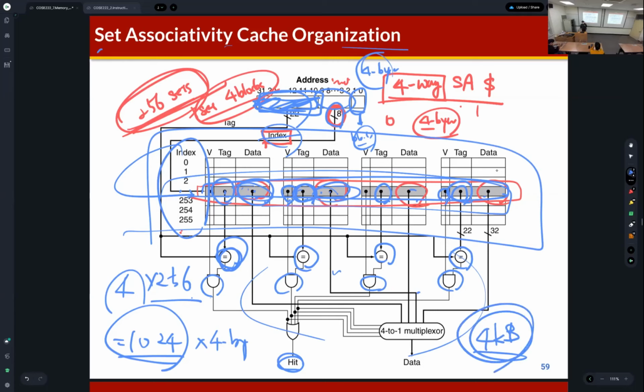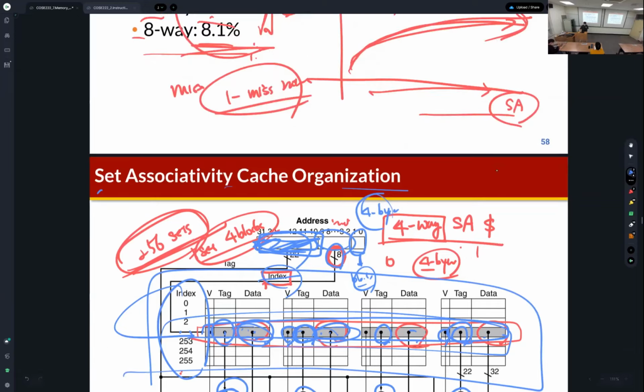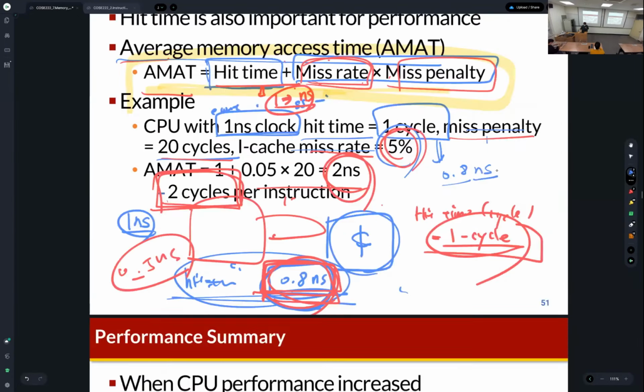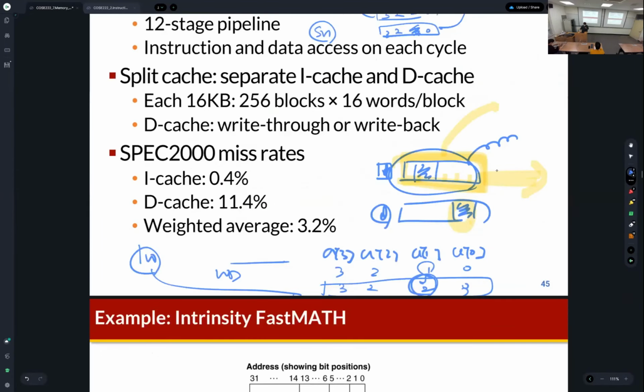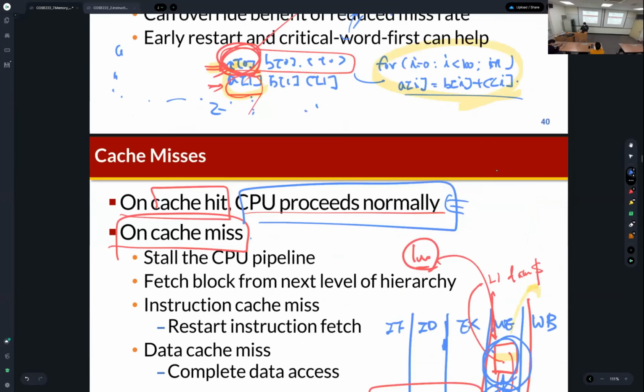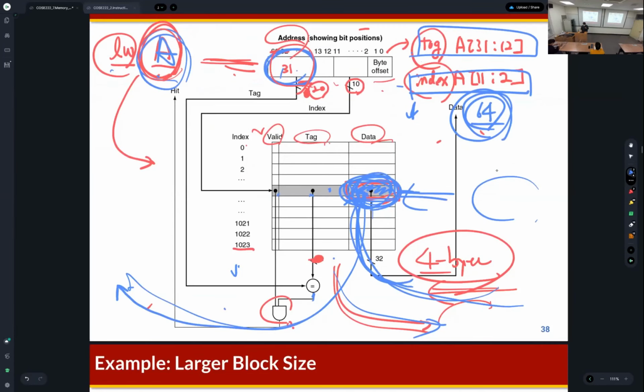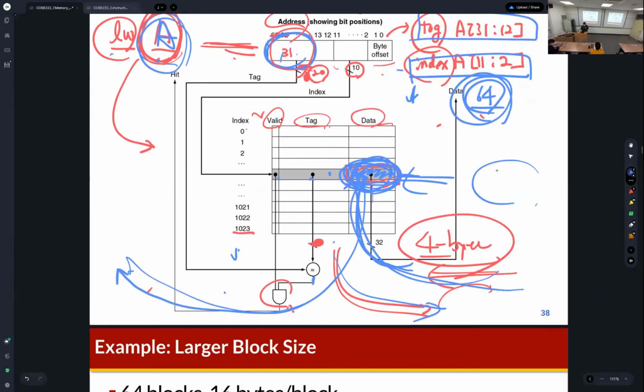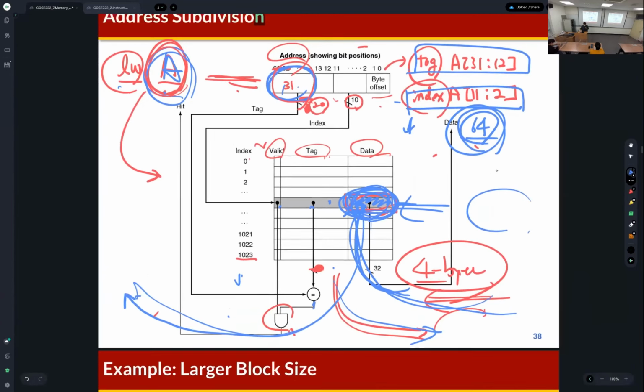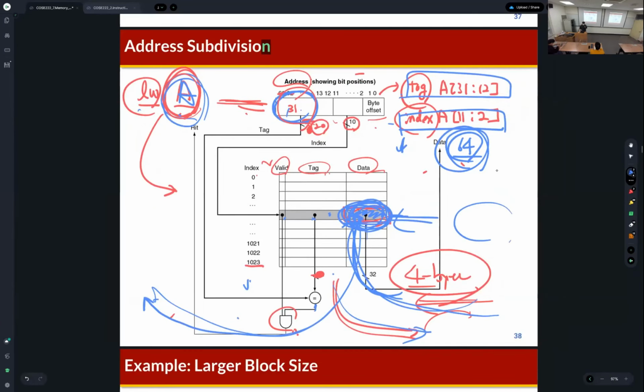Okay, so this cache size is the same as the direct mapped cache size we learned. So we can see the difference between this direct mapped cache and the four-way set associative cache.